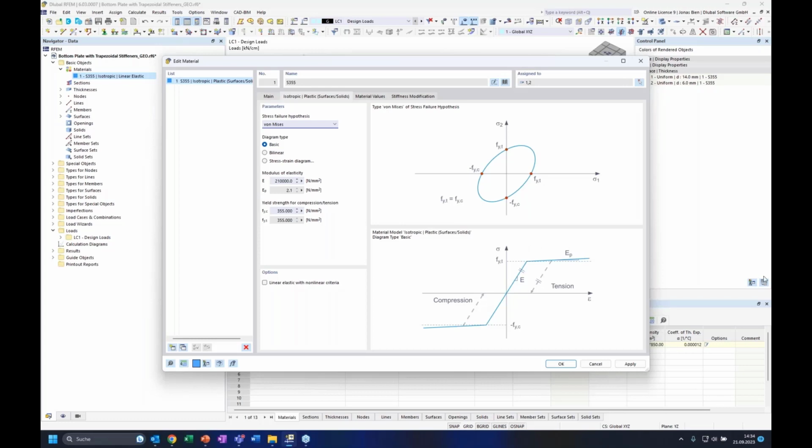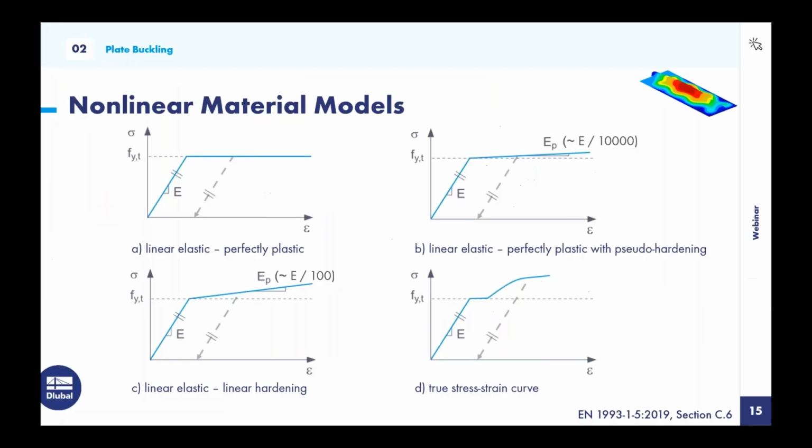And in order to choose a suitable one, we can look under section C6 of Eurocode 3 part 1-5. And the Eurocode gives different material models that can be used. So it always recommends to use the von Mises yield criterion, but we can use different material models for the GMNIA.